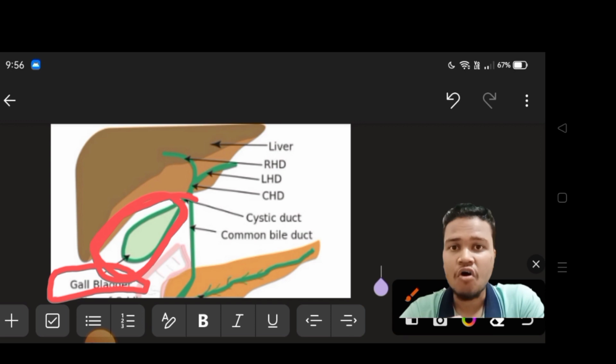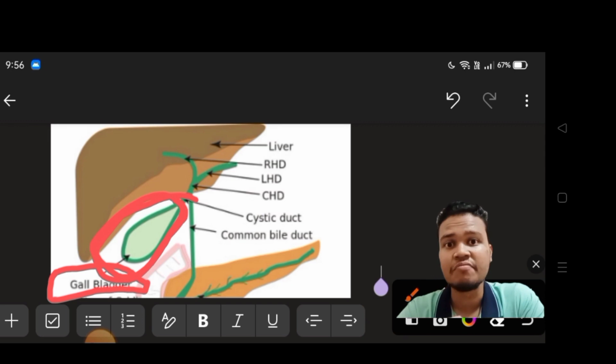The liver is the organ of production of bile. So the liver can produce bile and this produced bile can be stored in the gallbladder. So if anyone tells you that the gallbladder can synthesize bile, is it true or false? It's definitely false. The gallbladder cannot synthesize bile, it can just store the bile.